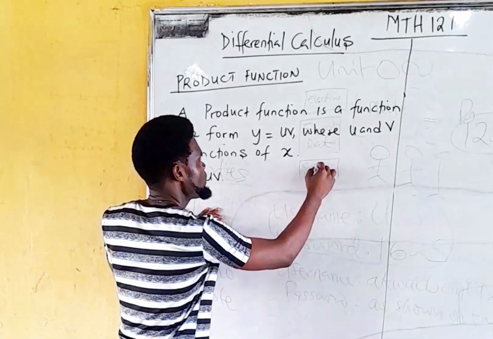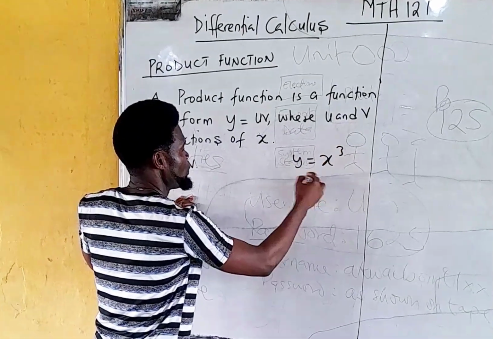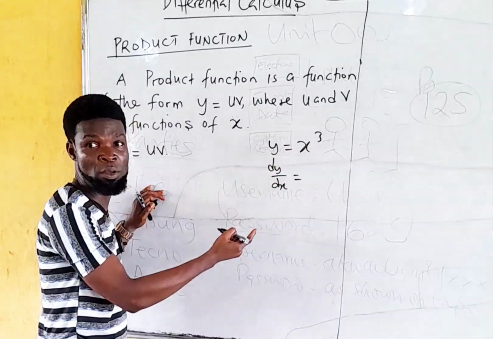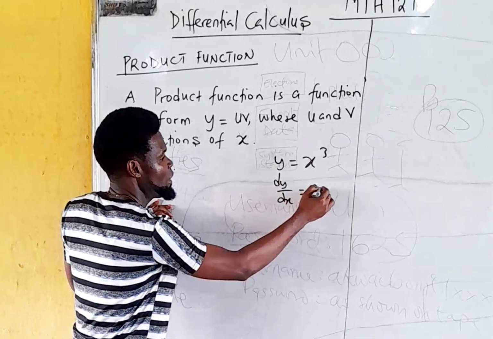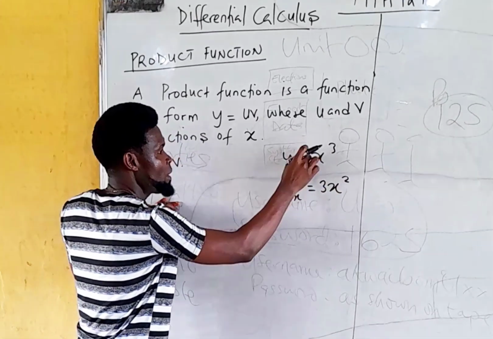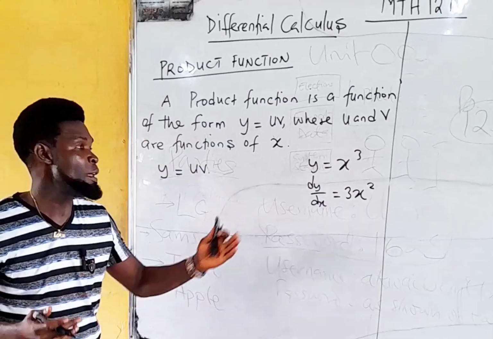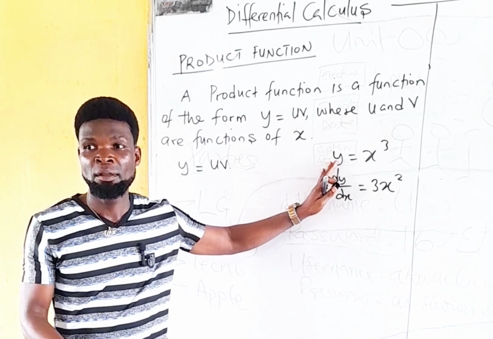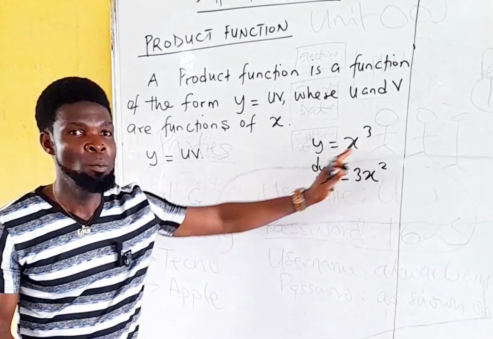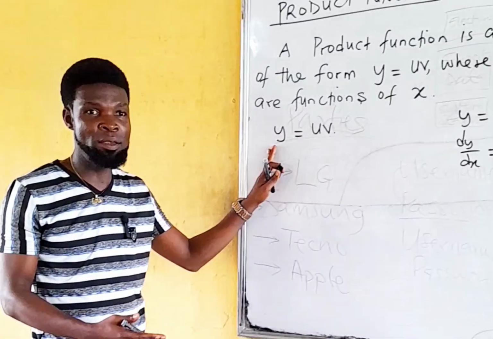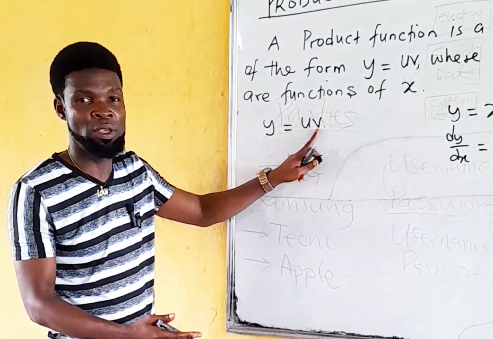Remember, if I say y is equals to x cubed, we say that dy over dx is equals to, let's differentiate this. 3x raised to the power 2. That's 3 times 1 is 3. Subtract 1 from here. Now you know that the left hand side is y, the right hand side is x. But when you now look at product function, the left hand side is y, the right hand side is uv.